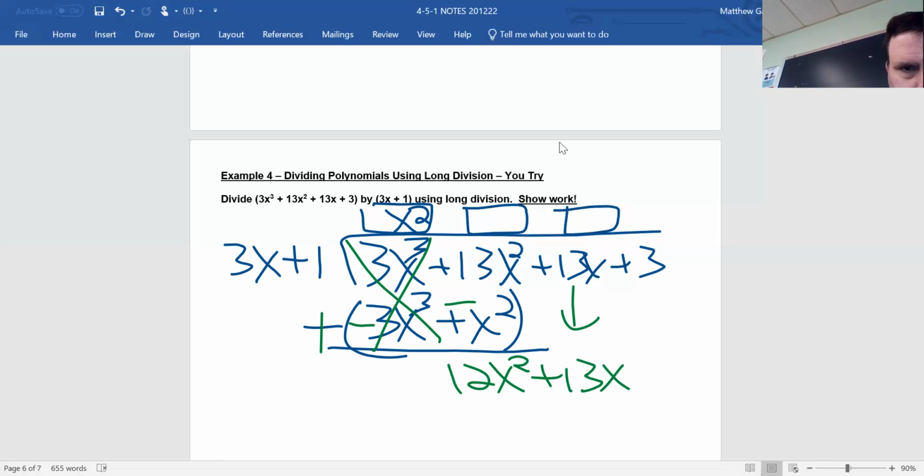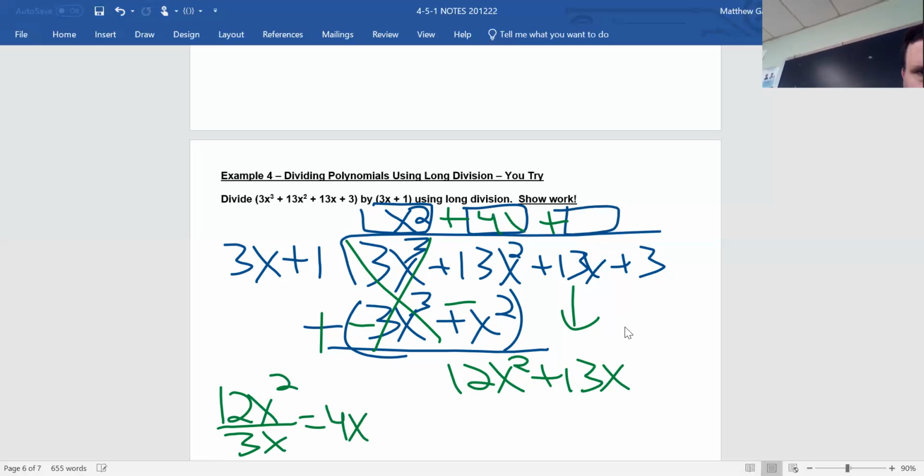Next item of business up here is to get rid of 12x squared. So we divide that by the first term in your divisor, 3x. So that's a 4x. That goes up on the top. 4x times 3x, that's 12x squared. 4x times 1 is 4x.